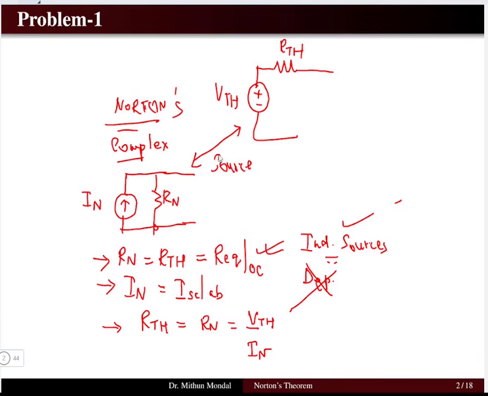Source transformation simply means that a voltage source is converted to a current source by appropriately positioning the value of the resistance. So this is the concept of Norton's theorem, which is related to Thevenin's, and then we'll solve the problem.